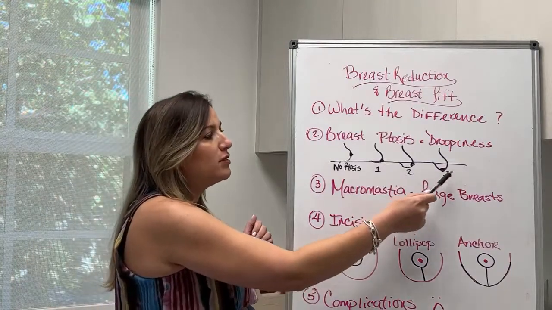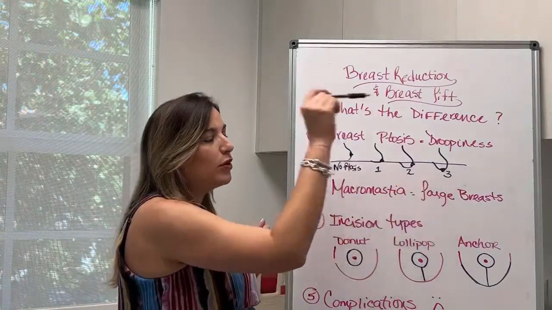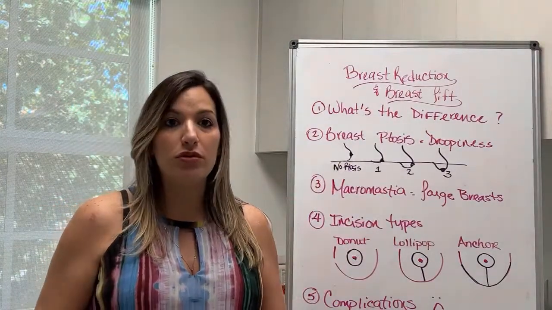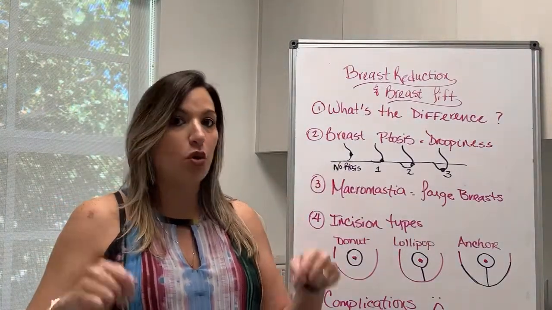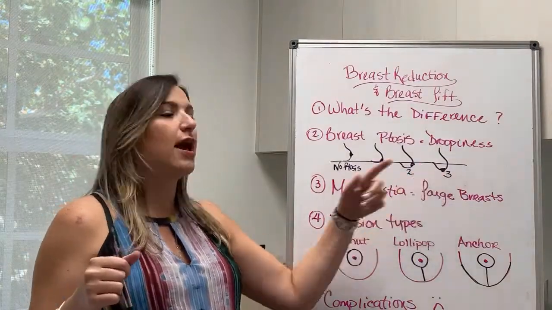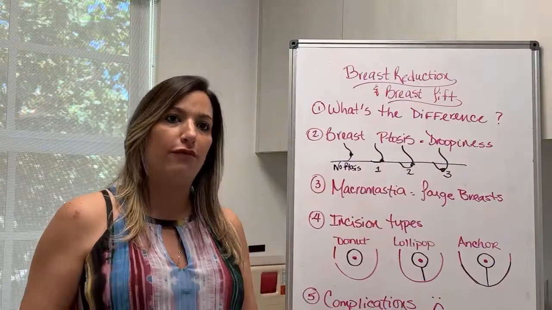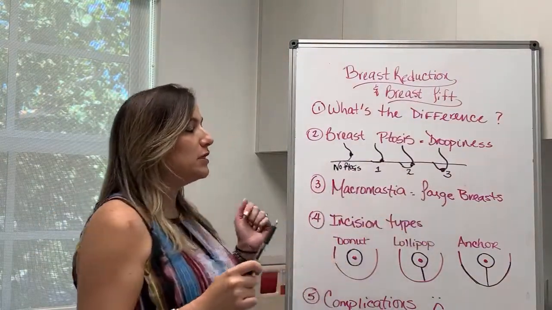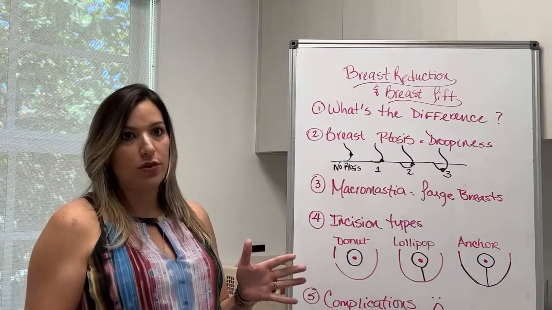Grade 3 is when the nipple is pointing down completely. So if you're looking yourself in the mirror and your nipples are in the most dependent part of the breast or pointing down, that's a grade 3 ptosis, and yeah, it's also below the level of the fold, okay? So these are the 3 grading system for breast ptosis, okay?